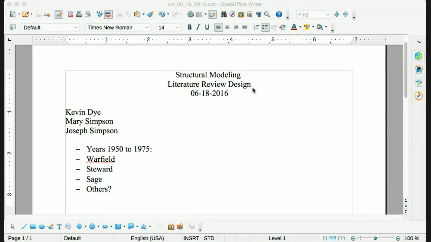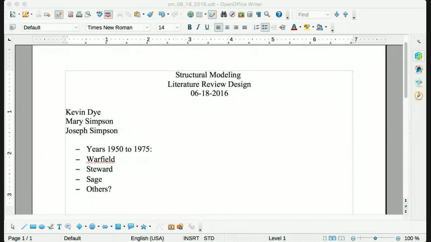And so we'll start with a publication review, papers and monographs that were published by John N. Warfield, and I will bring that up now.